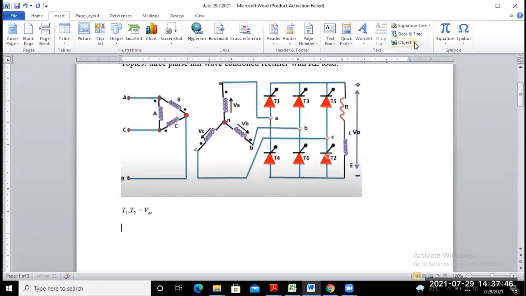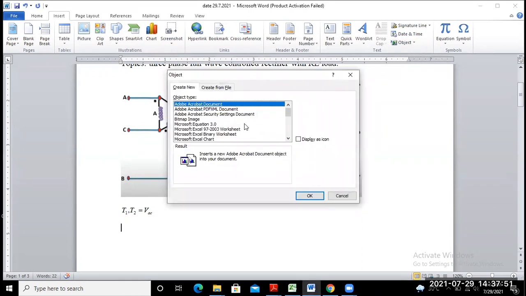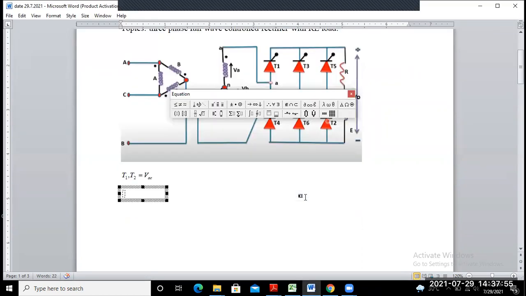When thyristors T3 and T4 conduct, that voltage is represented by VBA.